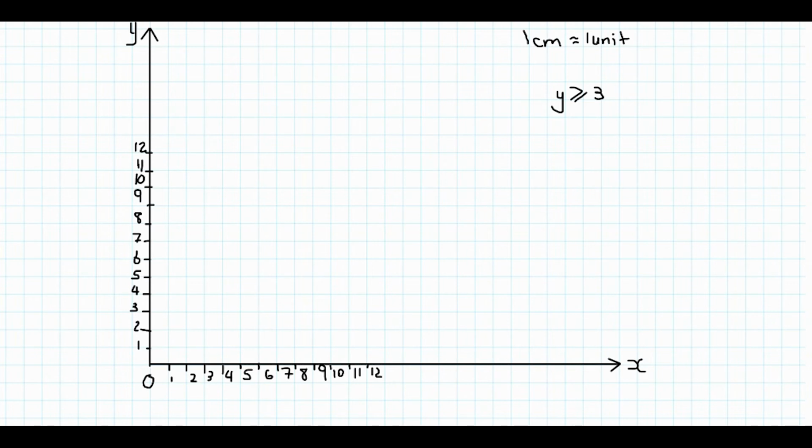So I'll do this, alright? For my y greater than or equal to 3, I'll use this yellow color, nice and visible. For my second condition, which is y is less than or equal to x, I'll use a different color.